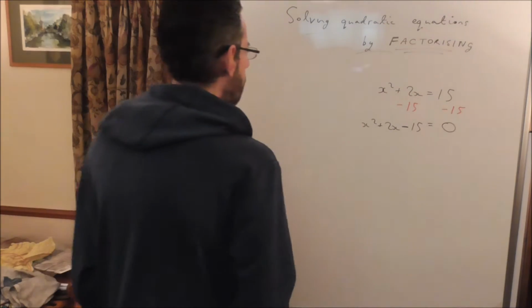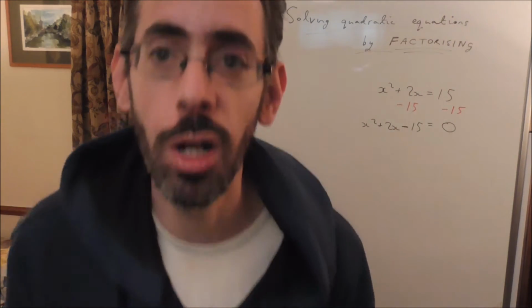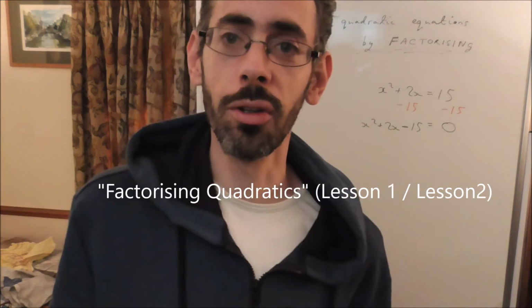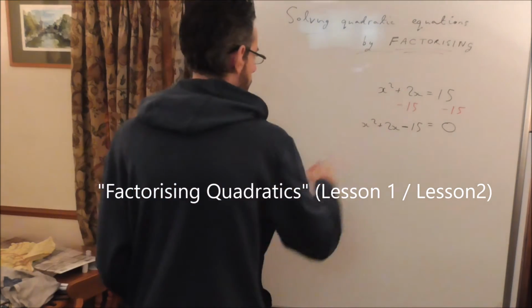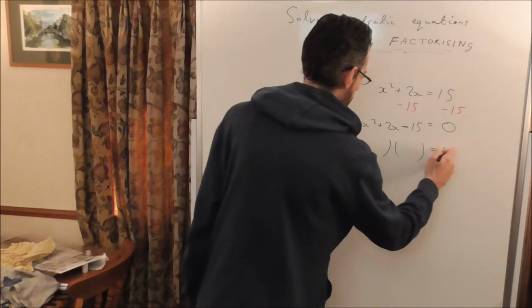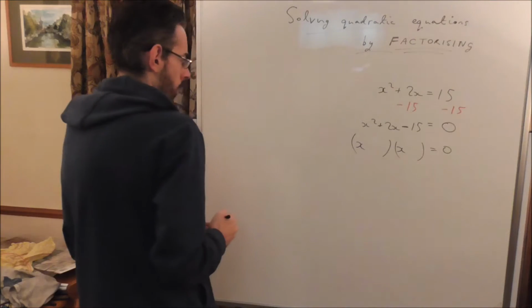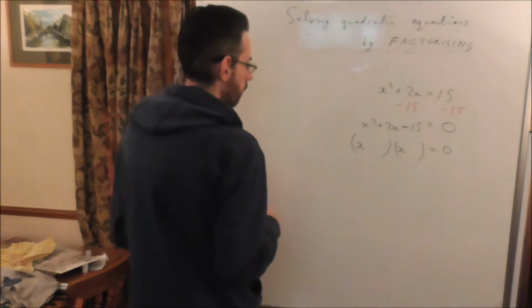Now I'm going to assume you know how to factorise quadratics already. I did do a couple of lessons on this, so if you're not sure how to do this, you can look for those on my channel. But let's factorise this expression now. It's a 3-term quadratic, so it goes to a double bracket. To get x squared, we need x and x. We're looking for two numbers with a product of minus 15. I'm just ignoring the minus sign for the moment.